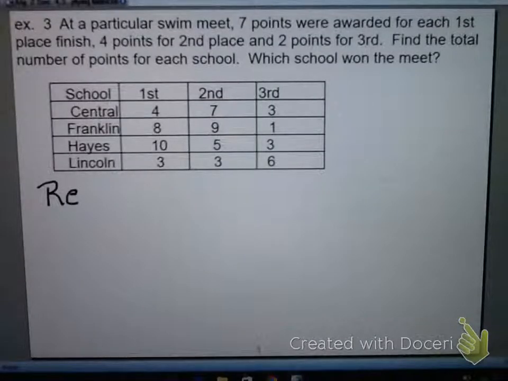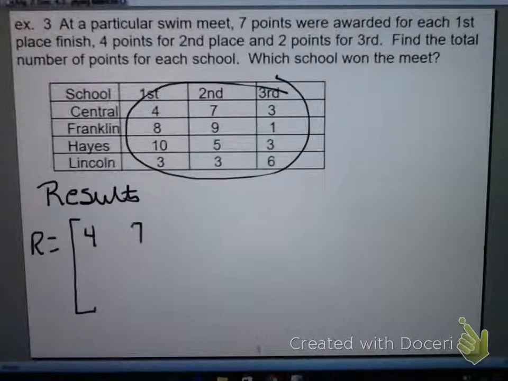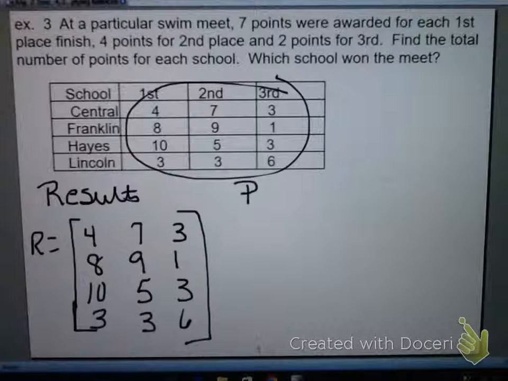Example 3 has several teams competing in a swim meet. So first we're going to come up with the matrix for the results. So we just basically copy down this information in one matrix. And then the point matrix is how many points they get for first, second, and third place.